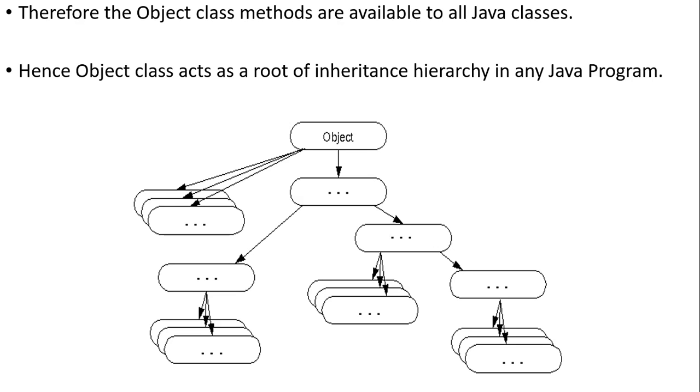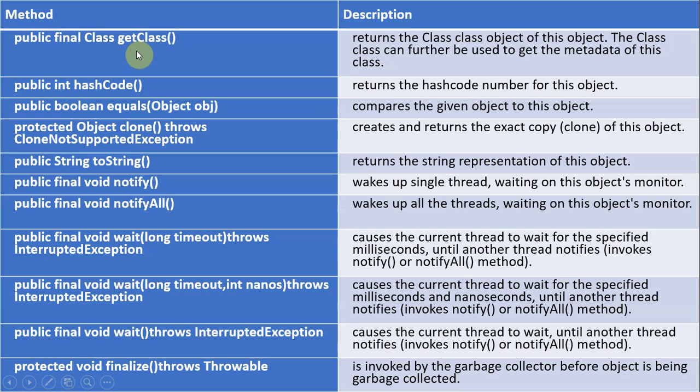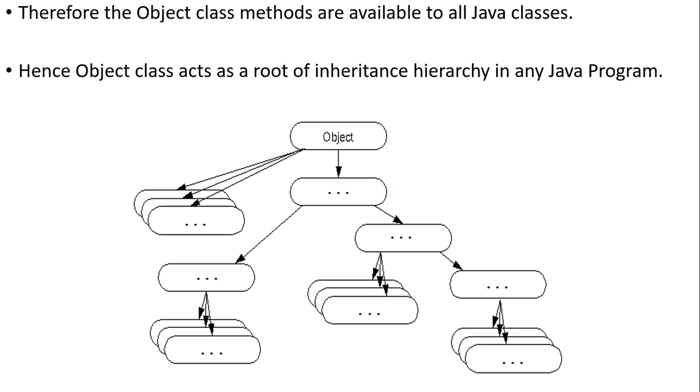Therefore, the Object class methods: it is a parent class, right? By inheritance, anything in the parent class can be accessed by the subclass. So everything in the Object class can be accessed by any subclasses, directly or indirectly.